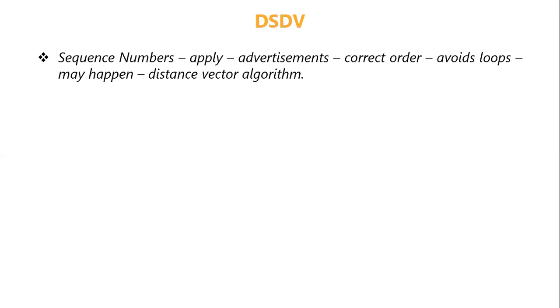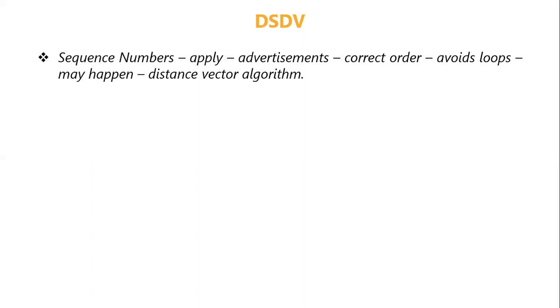So these sequence numbers will help to apply the advertisements in the correct order. The same advertisement may follow different paths, so the sequence number helps the receiver apply the advertisement in the correct order. This avoids the loops that are likely with the unchanged distance vector algorithm.